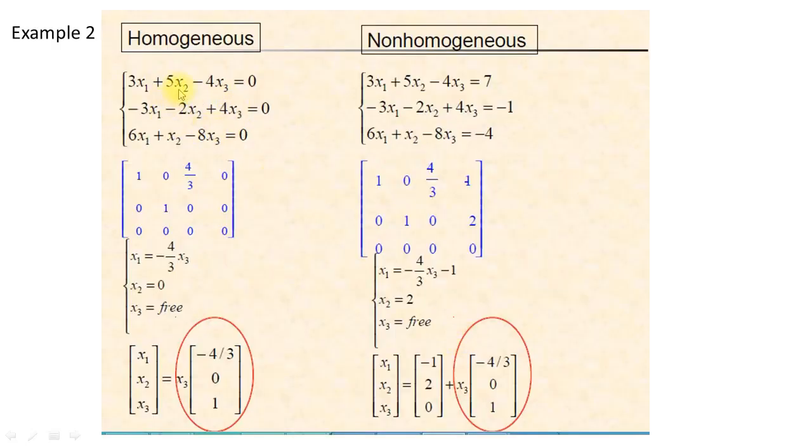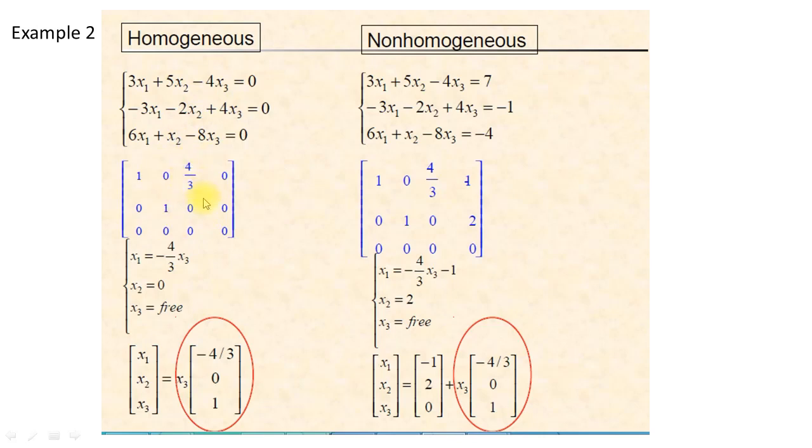Now next example, suppose we have a system of homogeneous linear equations. To solve this homogeneous system, first of all write it in matrix form, and then use the augmented matrix and use some row operations to convert the augmented matrix into row echelon form.